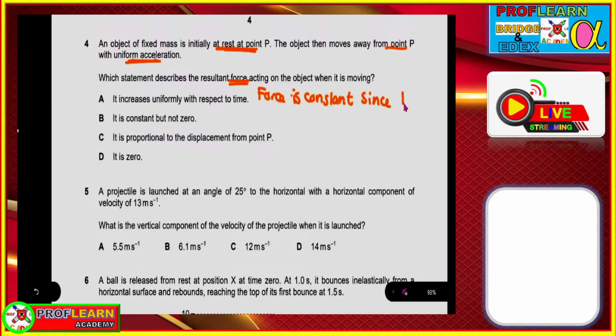This is constant but not 0. So that is exactly what we're going to say at that given point.